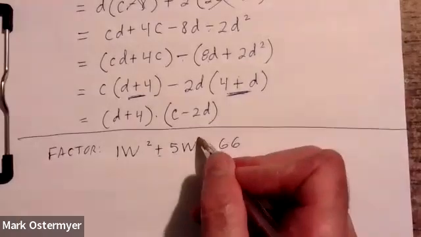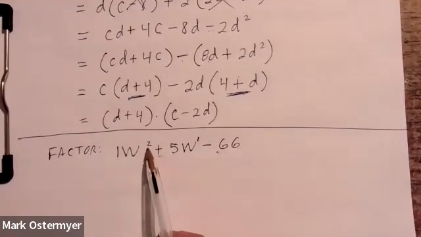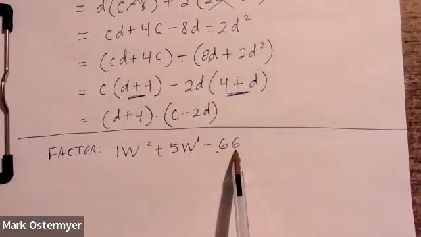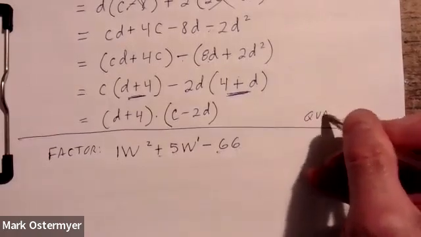Another thing of interest is to note that this trinomial is written in descending order. The degree of each term decreases from left to right. Second degree term, first degree term, 0 degree term. Another thing to note, ladies and gentlemen, is that this trinomial is said to be quadratic in form.